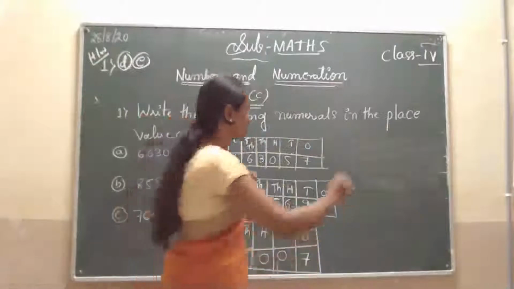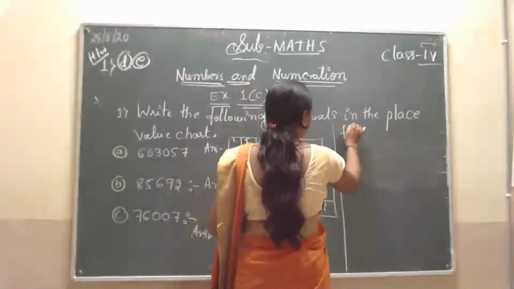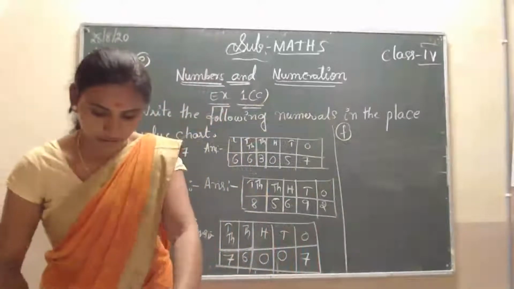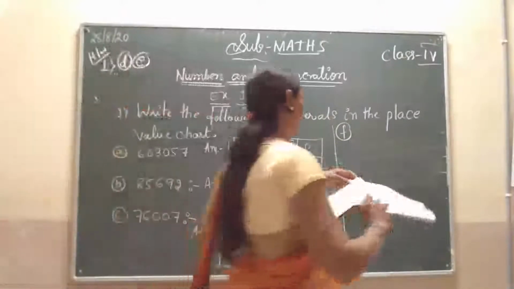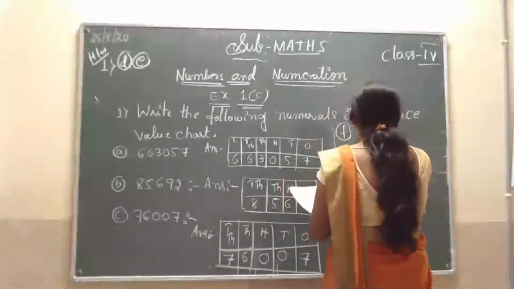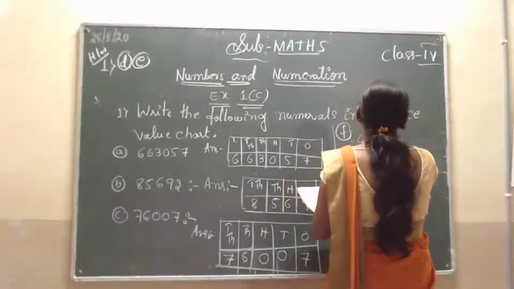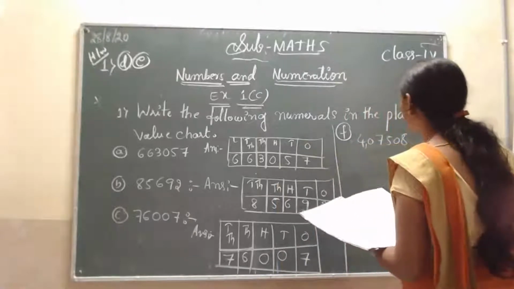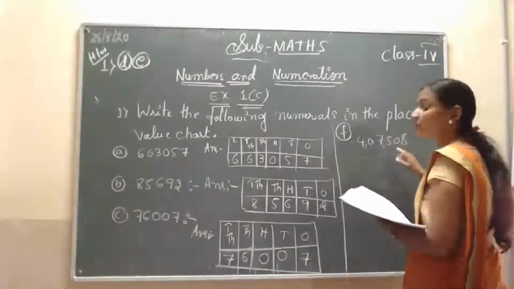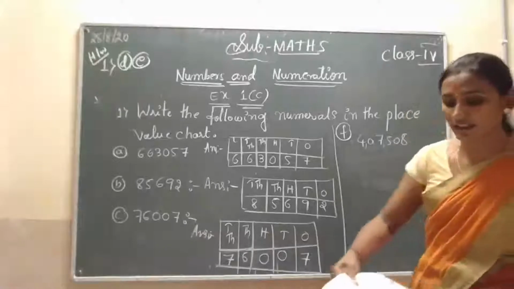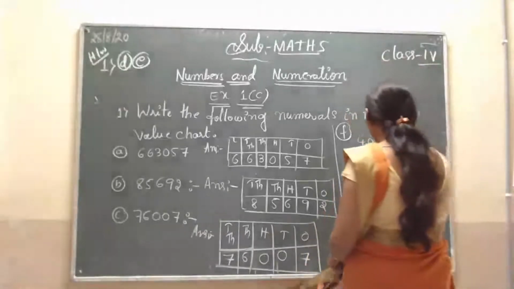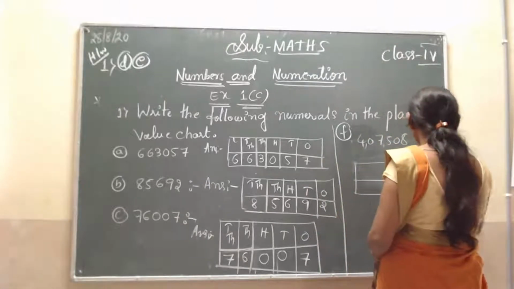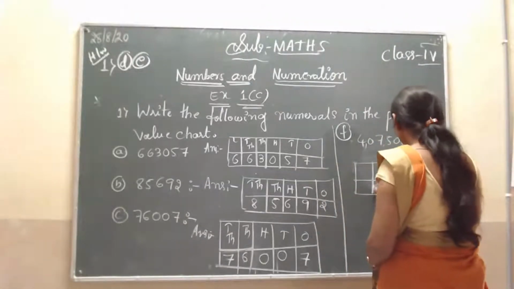Students, you know this. This is more easy because you will use the Indian system. So the F1 question: 4,07,508. We will write the place value chart first. How many boxes? Six boxes, because it is a 6-digit number.